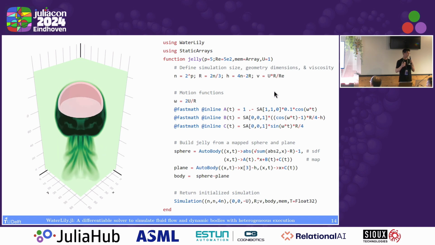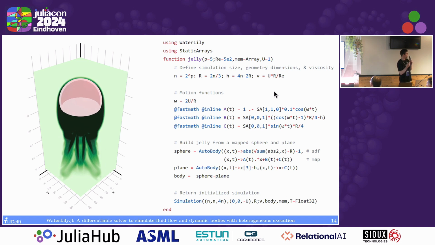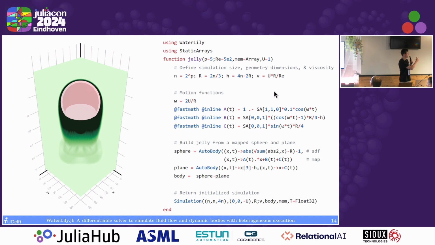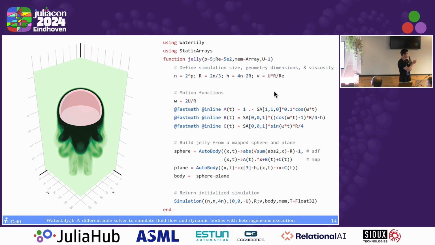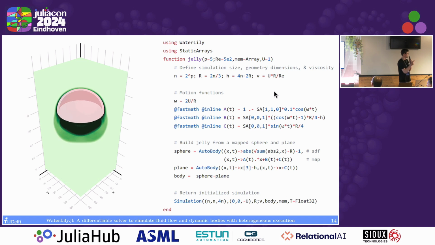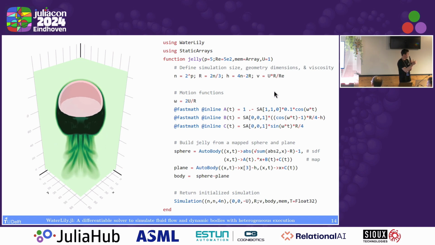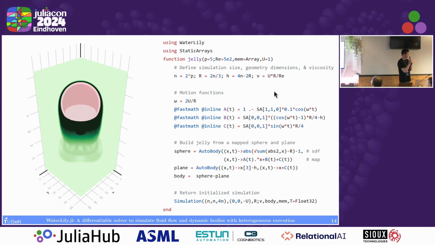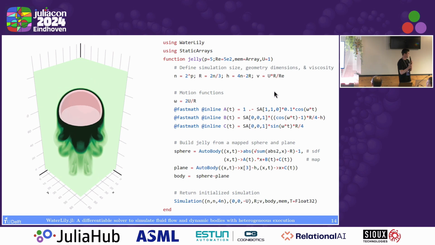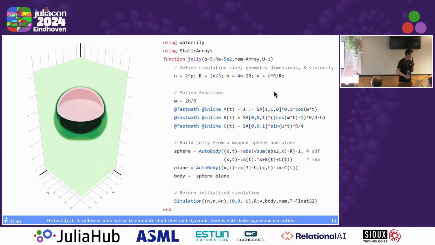And what you need to do here is just to be a bit clever about the signed distance function, but also know that we can define different bodies. Here we call it autobody. And these have operations. These have an intersection operation with the minus sign between the sphere and the plane. So you create a new autobody that is the object that we pass to the simulation. And with just these very few lines of code and another call for doing the time stepping, we can run this simulation very easily.